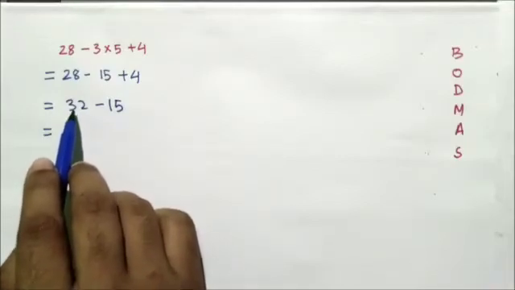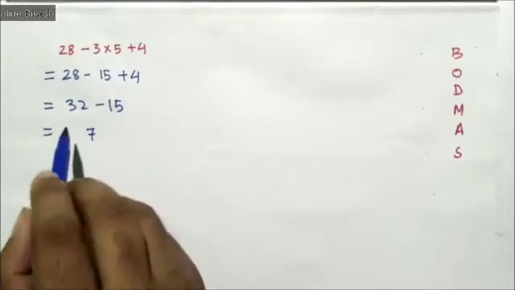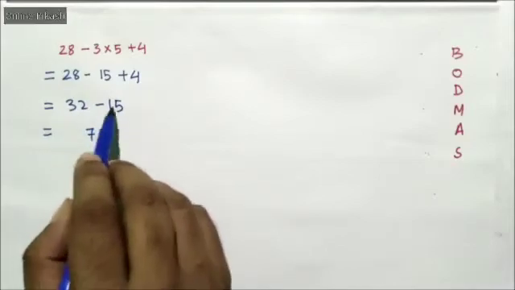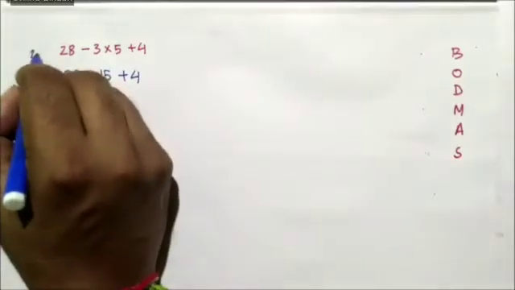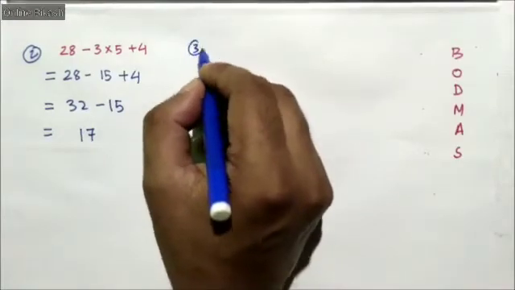Now from 12 you can minus the 5. 12 minus 5 is 7. We have taken 1 borrow, so there remains 2. 2 minus 1 is 1. So this 17 will be our right answer. So this is question number 2 we have solved. Now let us go to question number 3.